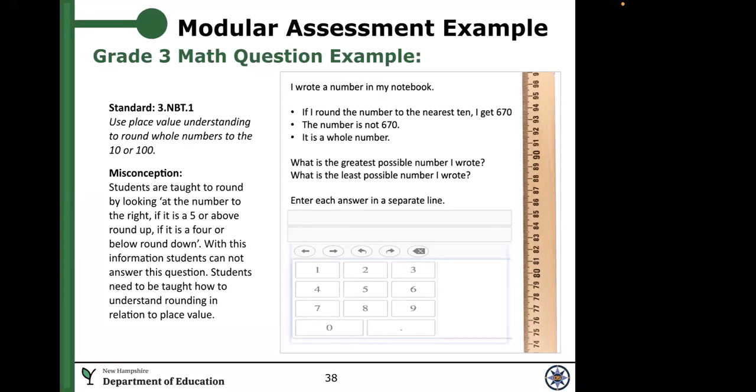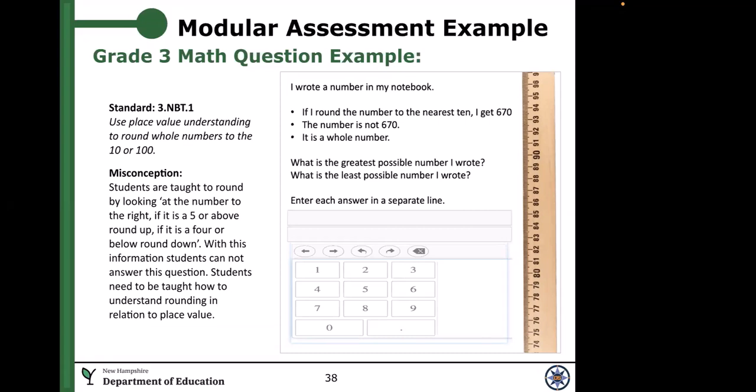But what Annie and I did a couple of years back is when we started diving into the modulars, we started picking out questions at grade levels in each domain of math that we felt were really difficult, or that there might be a misconception or a misunderstanding of what students need to know for a particular type of question or a particular standard.